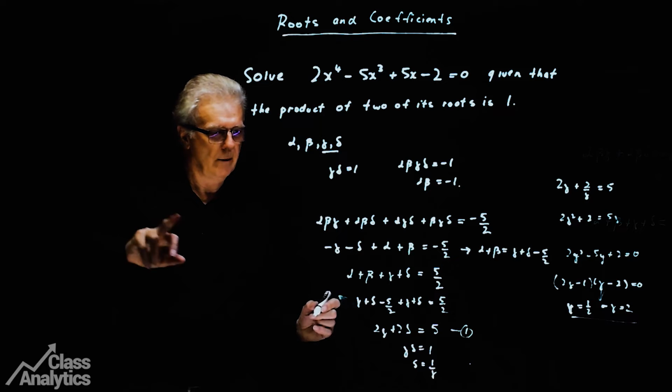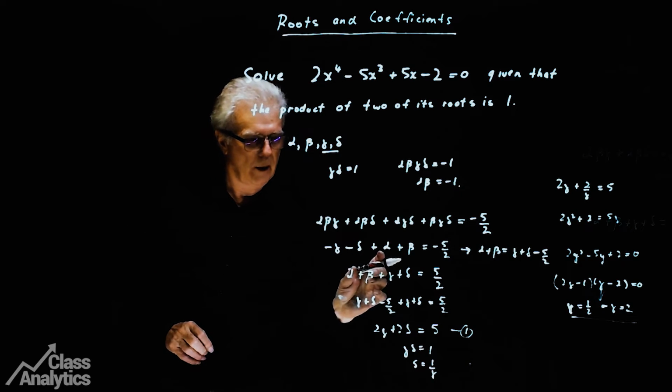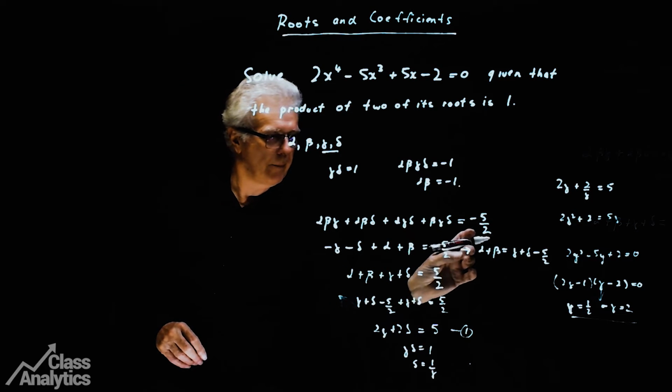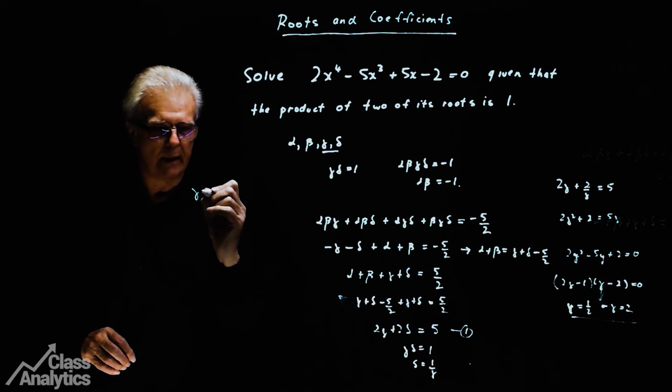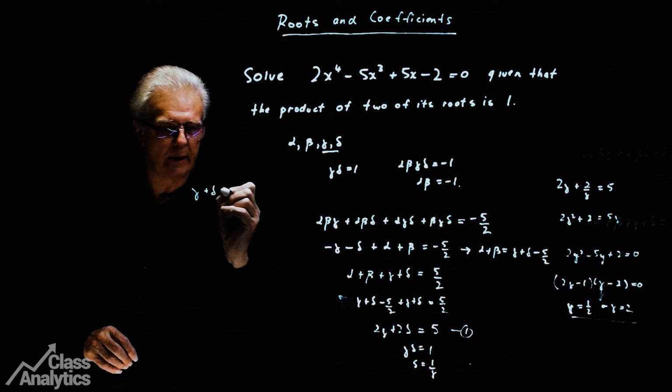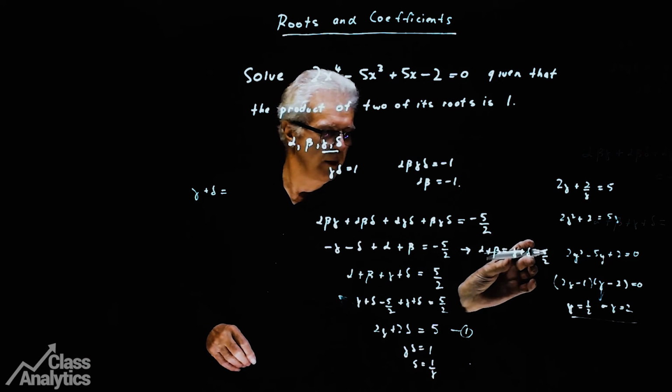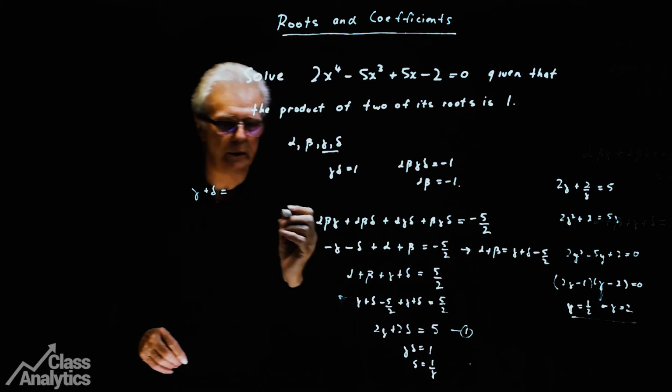Okay, now doing it the other way, we know that gamma plus delta must be equal to alpha plus beta plus 5 over 2.